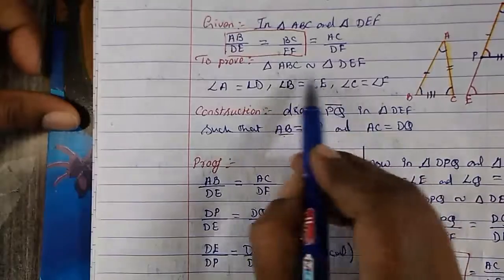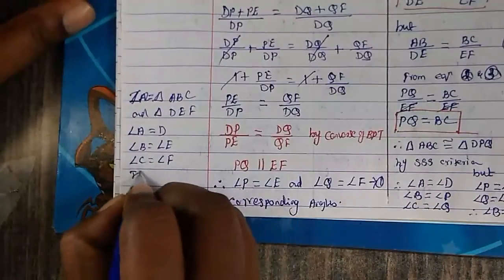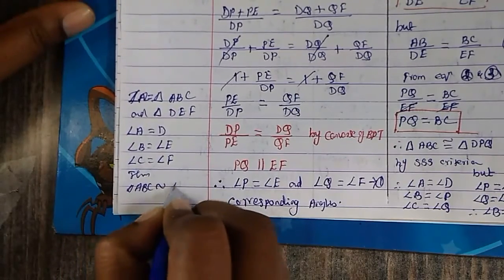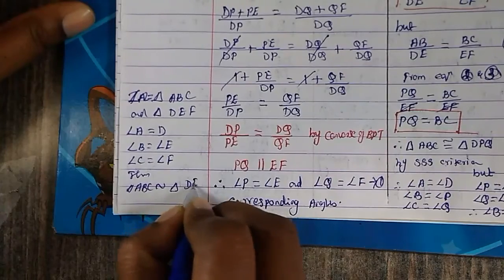All three angles are equal means both the triangles are similar. Thus, triangle ABC is similar to triangle DEF.